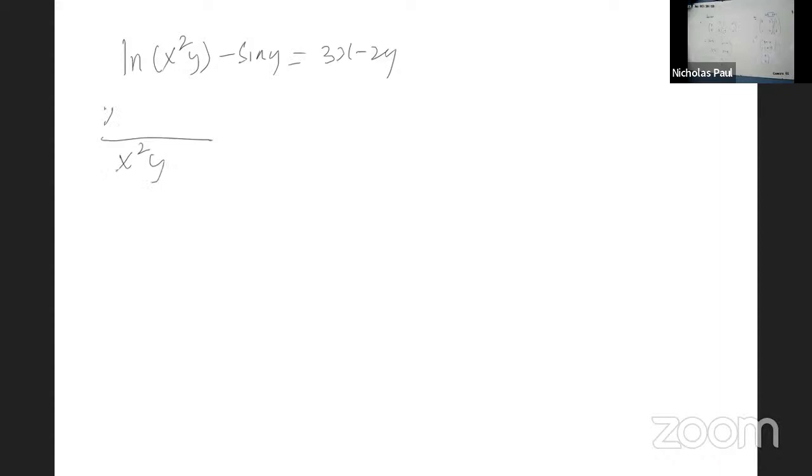You'll get 2xy here plus x squared dy dx, minus dy dx cos y is equal to 3 minus 2 dy dx.